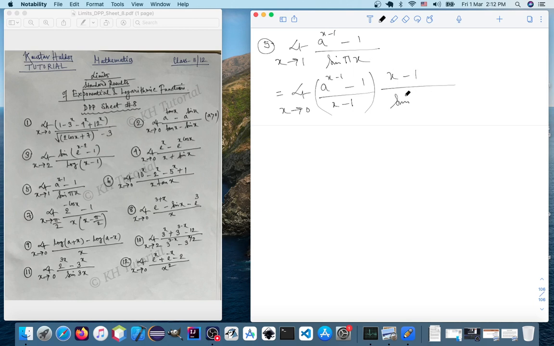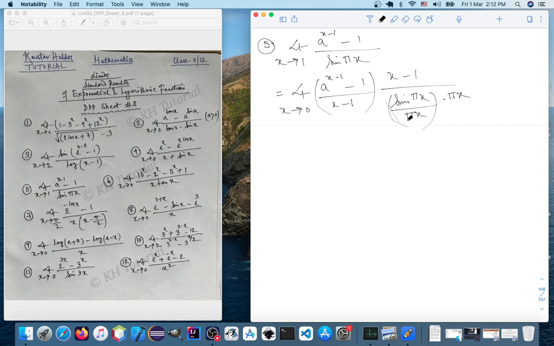And for sine pi x, we will also like to have pi x in the denominator, and adjust by multiplying with pi x.